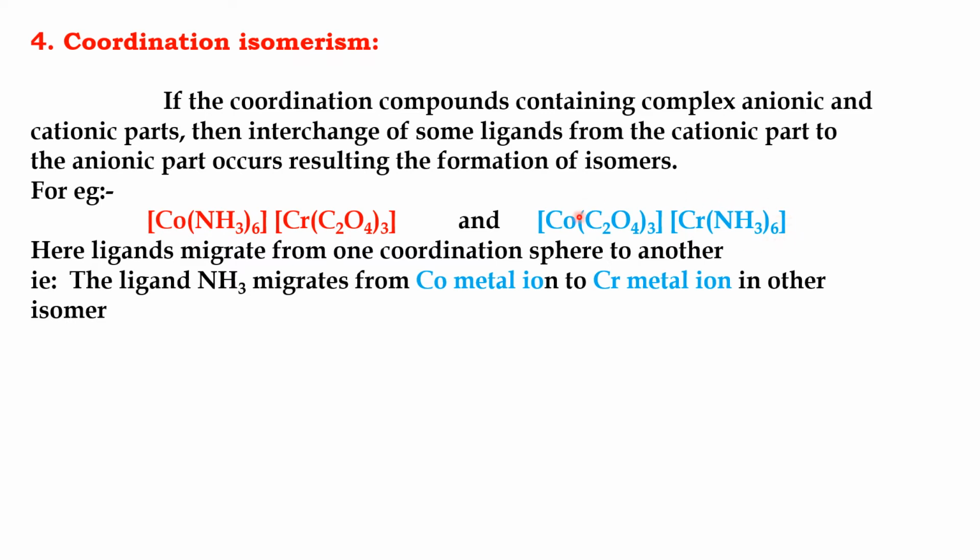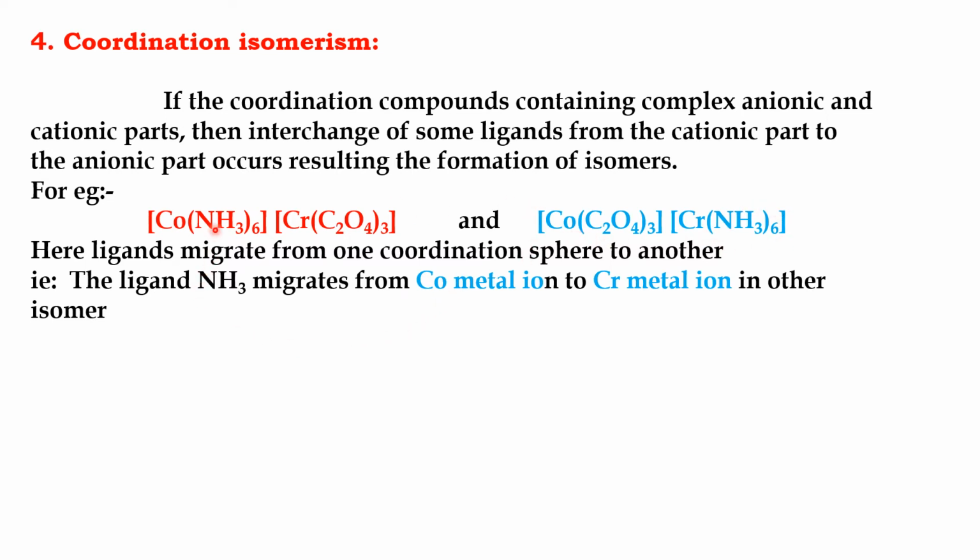So here also we have 1 cobalt, 1 chromium, 6 NH3 and 3 C2O4. This together constitutes a coordination compound, and this together constitutes a coordination compound. Don't think these are 4 coordination compounds. This together is one coordination compound and this together is another coordination compound.